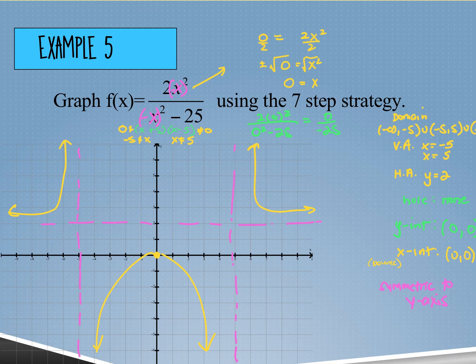Plot some points. So I'm going to plot a point that's to the right of my first asymptote. I already have a point in between, but you can definitely plot some extra points there if you wanted. I could plot 1 and -1, okay? And then I have to either plot the point to the left of my furthest left or know that this is symmetric to the y-axis, so it repeats that behavior, okay?